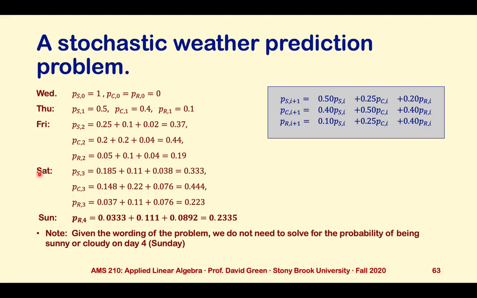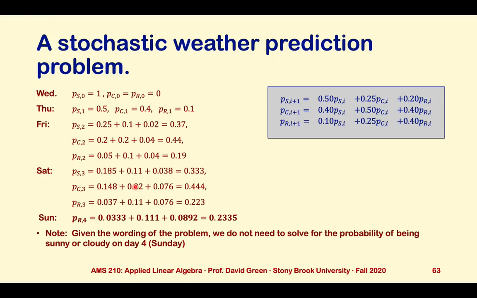We now do the same thing for Saturday, using the Friday numbers as the input. Day 3, probability of sunny is 0.5 times 0.37 plus 0.25 times 0.44 plus 0.2 times 0.19.